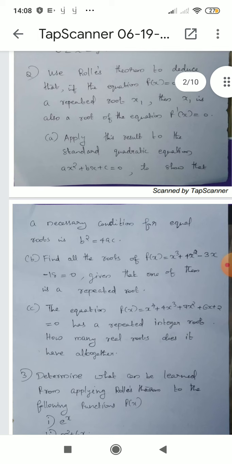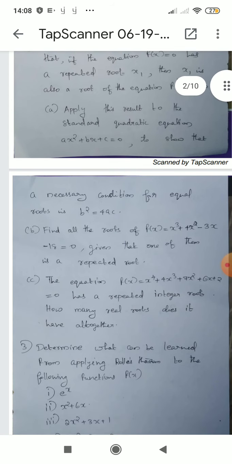And the first subdivision, what is that? Apply this result to the standard equation ax square plus bx plus c equal to 0 to show that a necessary and sufficient condition for equal roots is b square is equal to 4ac. We all know how to find the roots of a quadratic equation.